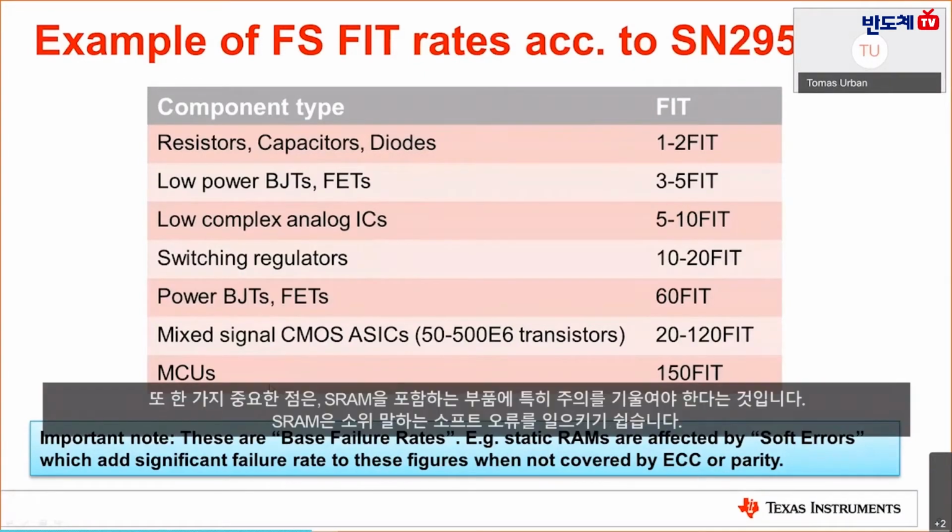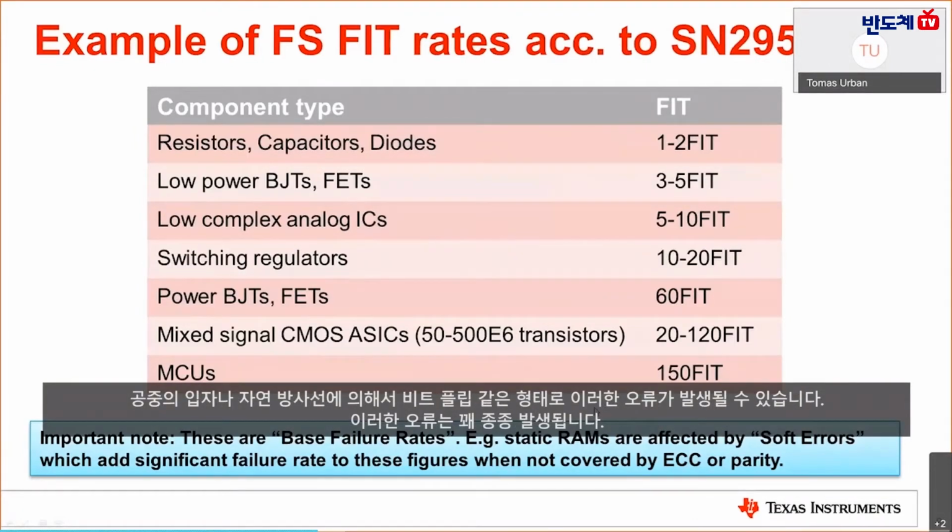And a very important thing is that for any kind of component that contains SRAM, you need to pay extra attention, because SRAMs are prone to so-called soft errors, which may be seen as a bit flip caused by some particle that comes from space or from some radiation, which is natural in nature.